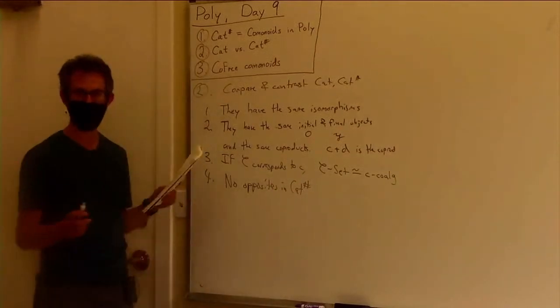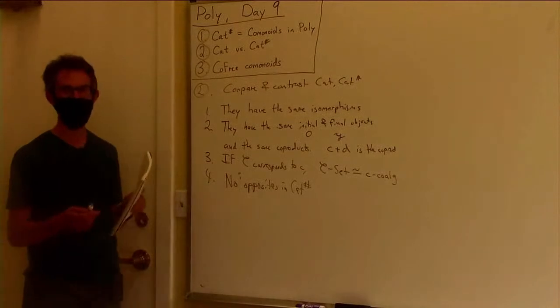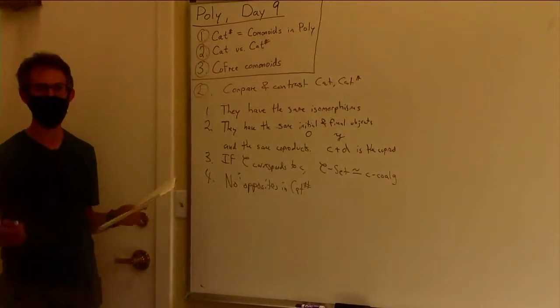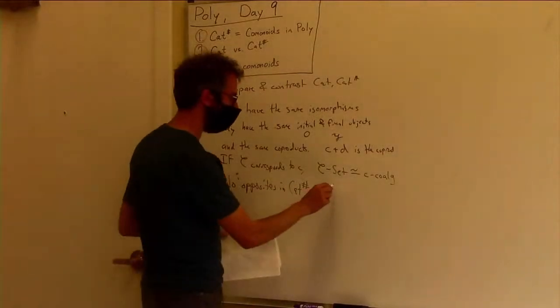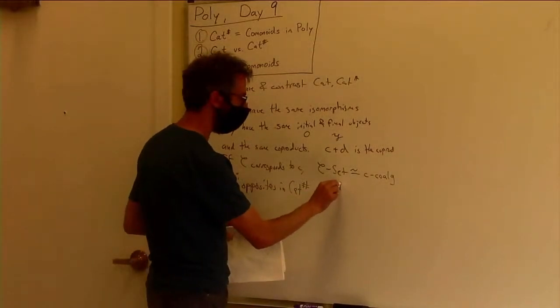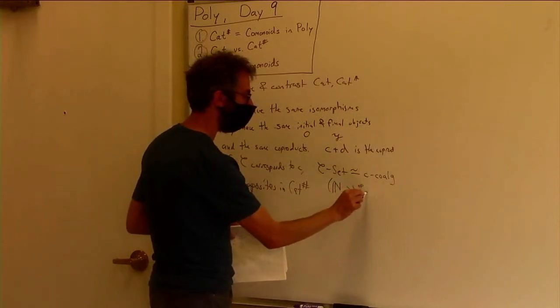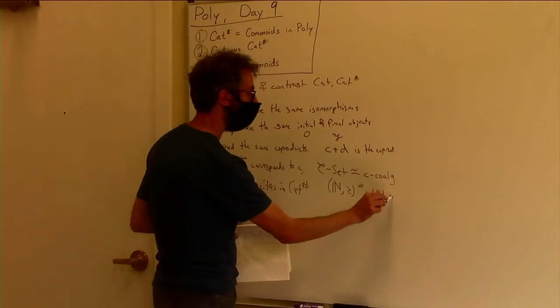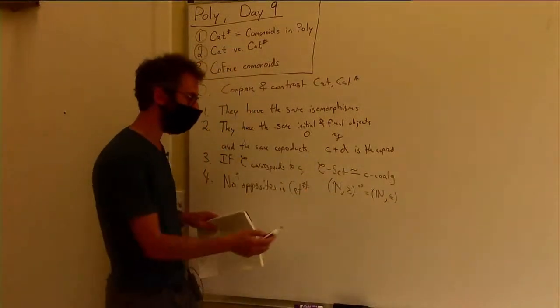Now when I say no opposites, I invite you to figure out how you would say opposites in cat sharp. It would be really cool if you could, but what I'm saying is like when you look at n greater than and its opposite is n less than, in categories, that's the easiest thing in the world to do.